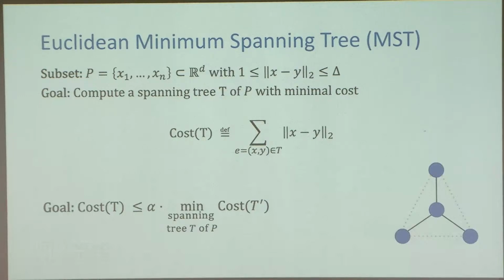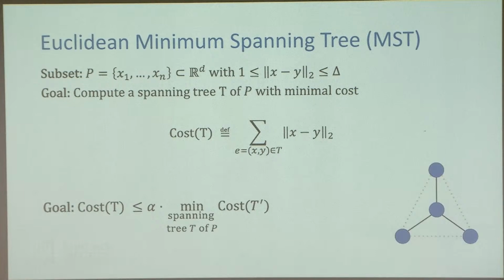I guess most of you already know what the Euclidean MST problem is, but let me briefly recap the problem formulation. Given a set of n points in d-dimensional Euclidean space, we can regard this as a complete graph over these points.